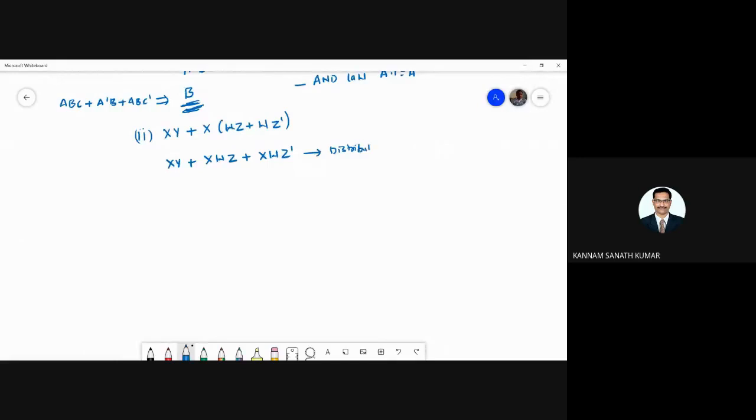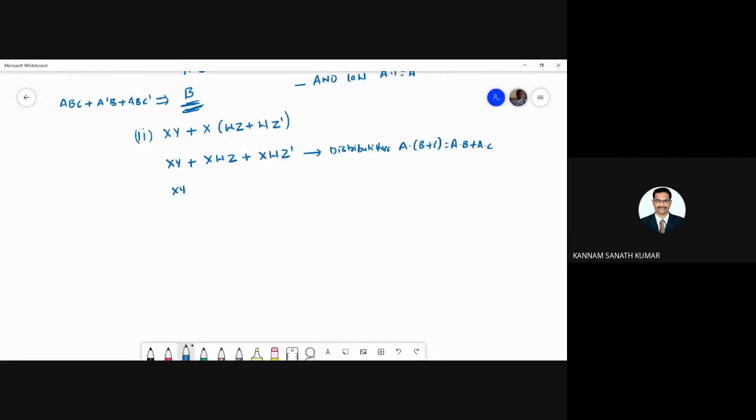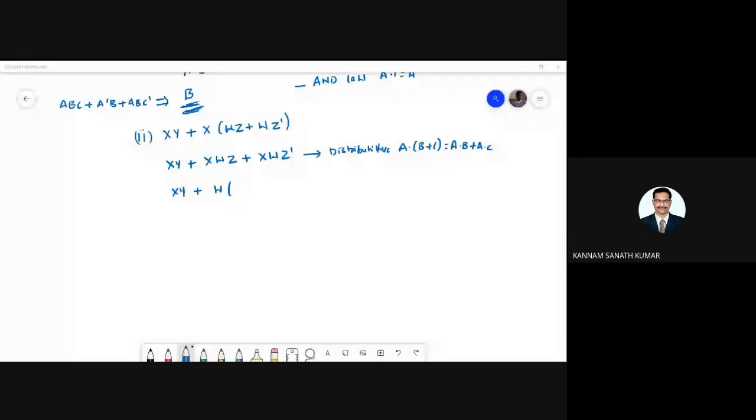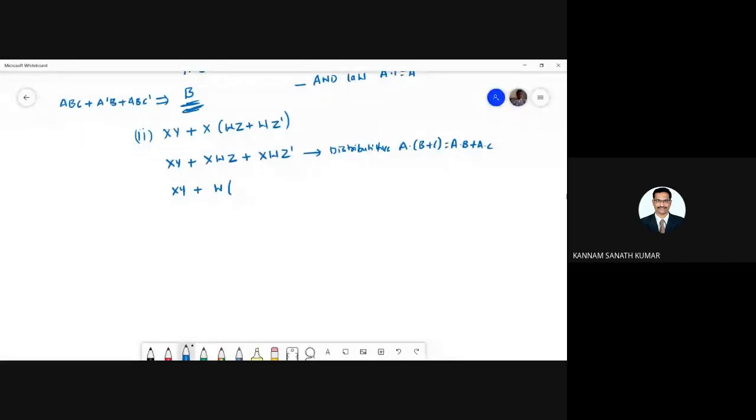What is distributive? A dot B plus C equals A B plus A C. So distributive law: A dot B plus C equals A dot B plus A dot C. So from the distributive, X Y plus X W into Z plus Z dash.